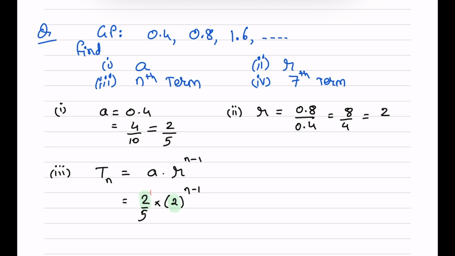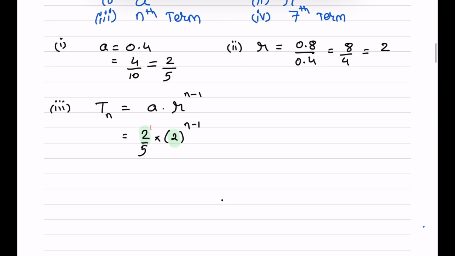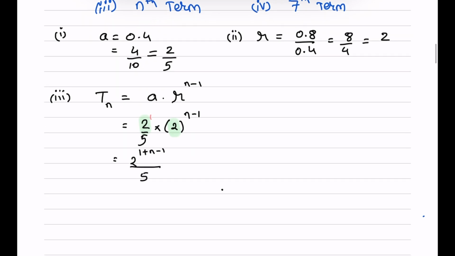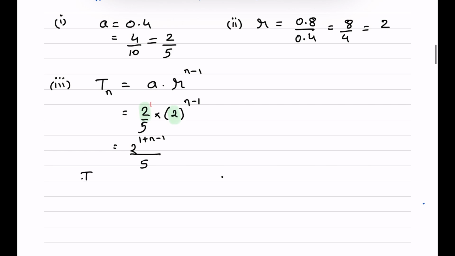What do we do when we have the same base in multiplication? We add the powers. So 2 raised to 1 plus n minus 1 upon 5, which gives the general term Tn equals 2 raised to n upon 5.